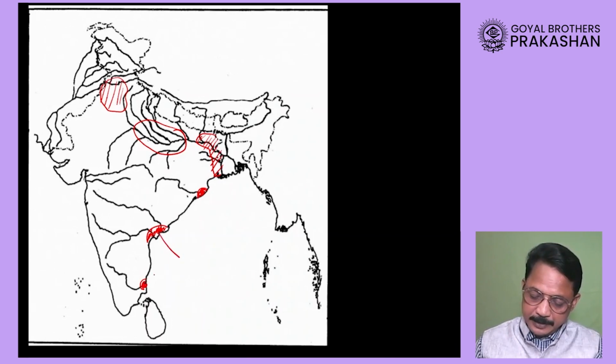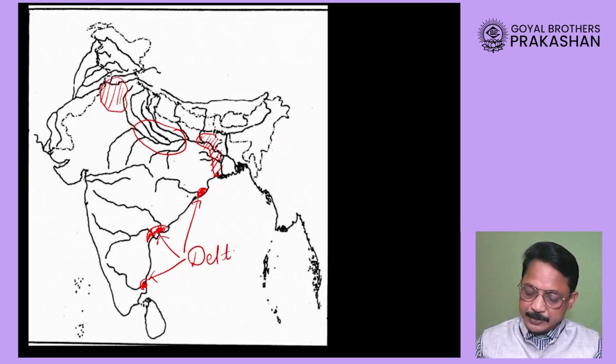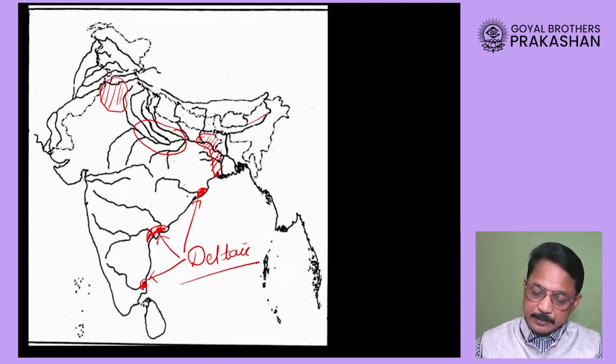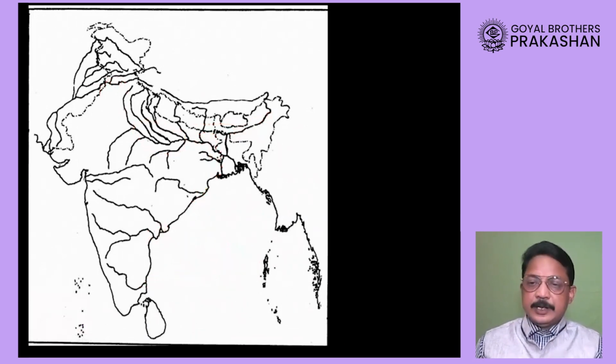So this will be the deltaic alluvial soil. If the question is asked, show the alluvial soil in northeastern part. So please remember, dear student, it will be present near river Brahmaputra, this region.